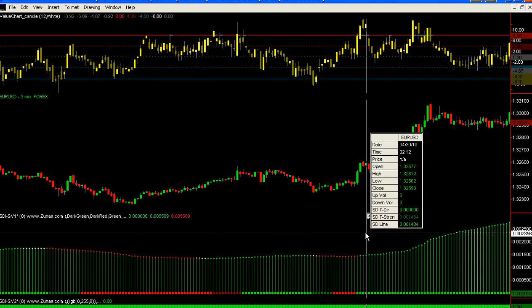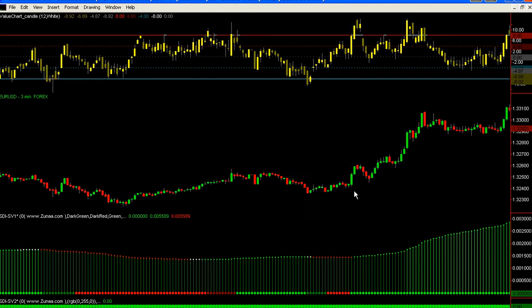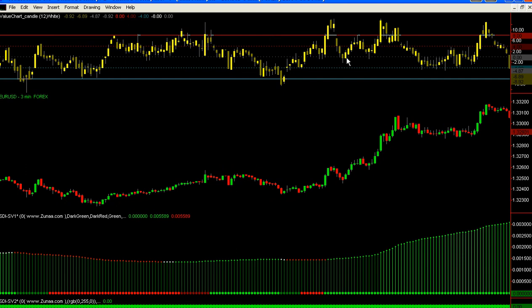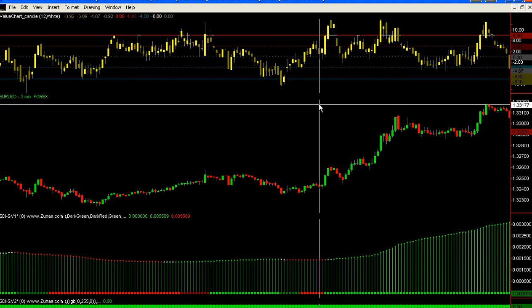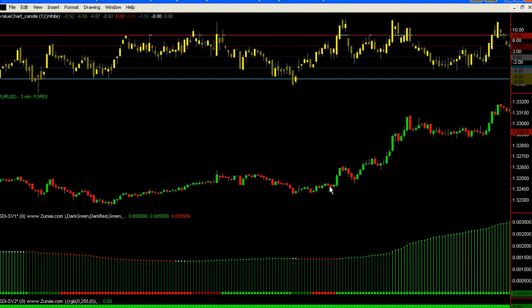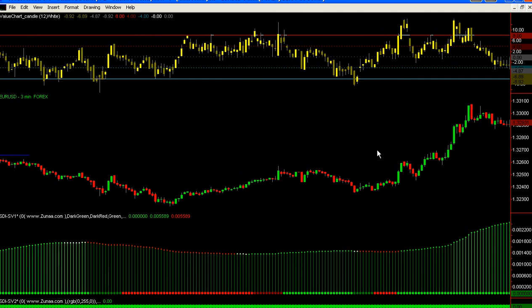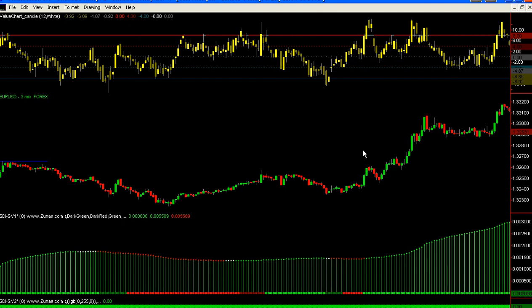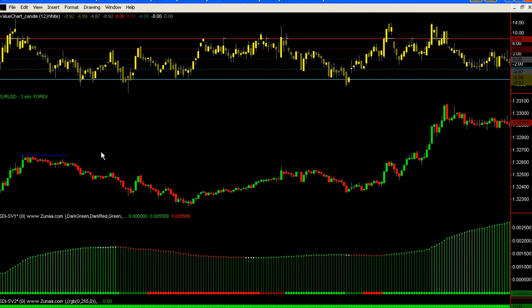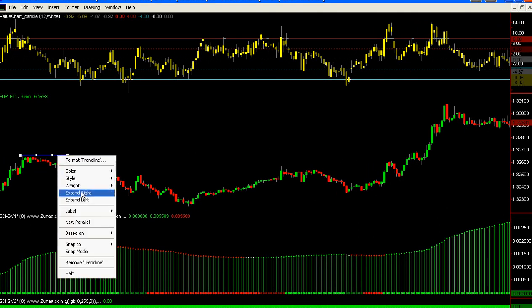One of the ways I use oscillators like the value chart, I notice when they move really overbought like they did in this situation here, and I look for price action. If price action is in the context which I like, then I'm looking to buy a pullback, a very shallow pullback.